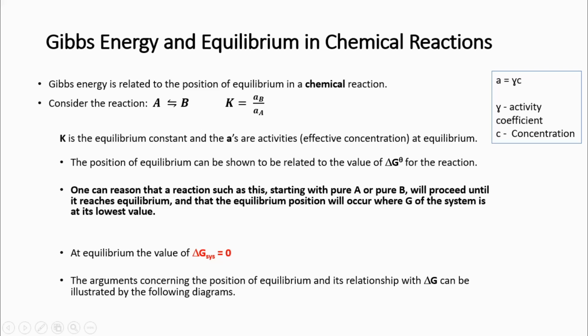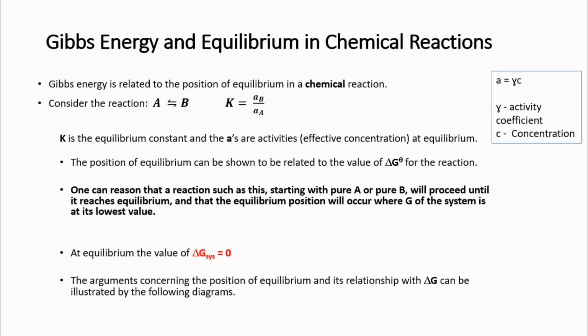The position of equilibrium can be shown to be related to the value of the standard free energy change for the reaction. One can reason that a reaction such as this, starting with pure A or pure B, will proceed until it reaches equilibrium, and that the equilibrium position will occur where G of the system is at its lowest value.